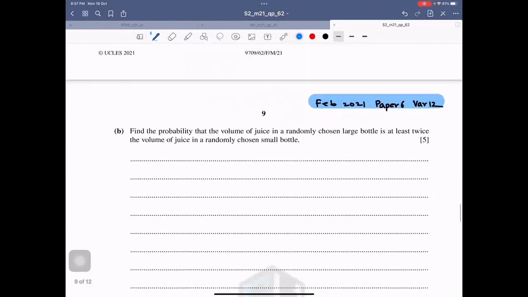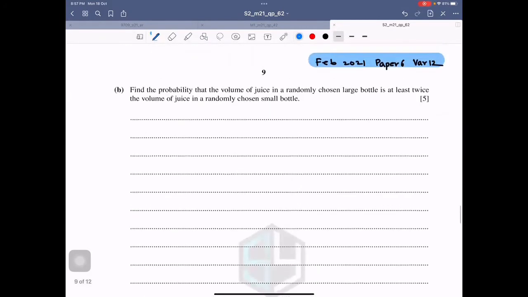Let's move on to the second part. Now it says, find the probability that the volume of juice in a randomly chosen large bottle is at least twice the volume of juice in a randomly chosen small bottle.